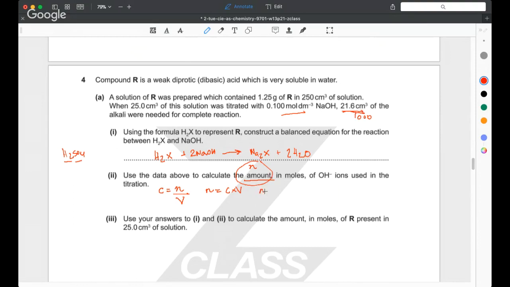So to work out our amount, then we've got to multiply the concentration, which is 0.100, times the volume, which is 21.6, divided by 1,000 to make sure that we've got consistent units for volume. And when you do that calculation, you end up with the amount equaling 2.16 times 10 to the minus 3, and the units for amount is mole.